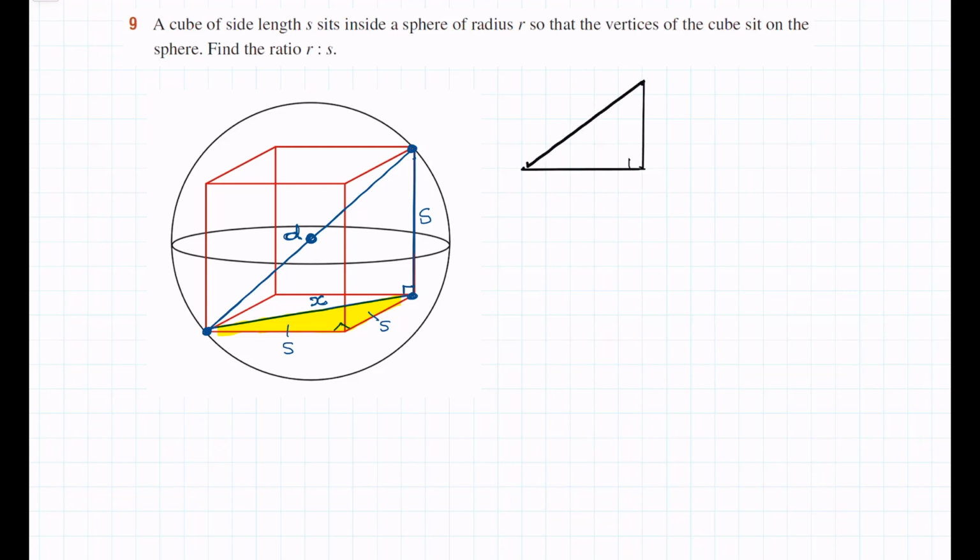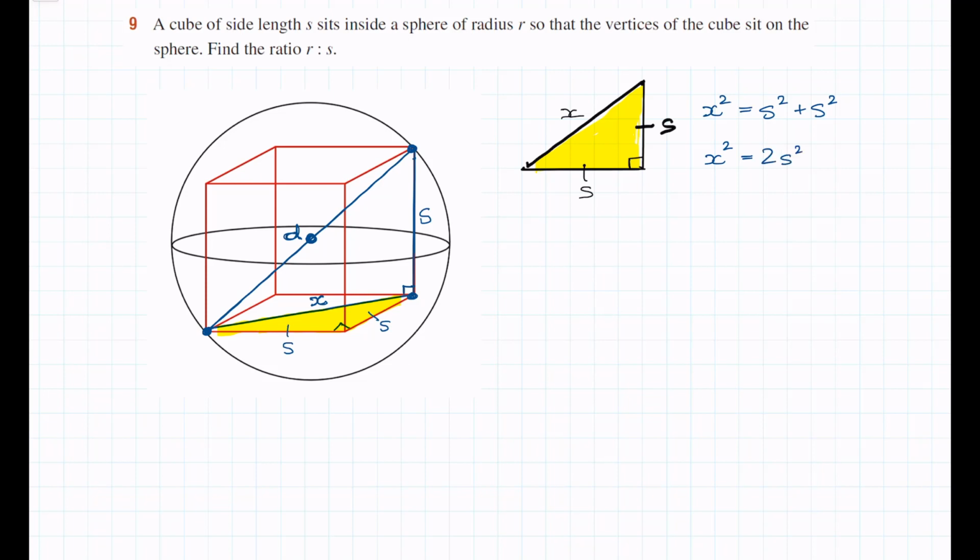So here with this right angled triangle, which is the one I've highlighted yellow in the diagram, the hypotenuse of that triangle is x, and then the other two sides both have a length of s. So from there we can use Pythagoras' theorem to say that x squared will be equal to s squared plus s squared, which means x squared is equal to 2s squared.